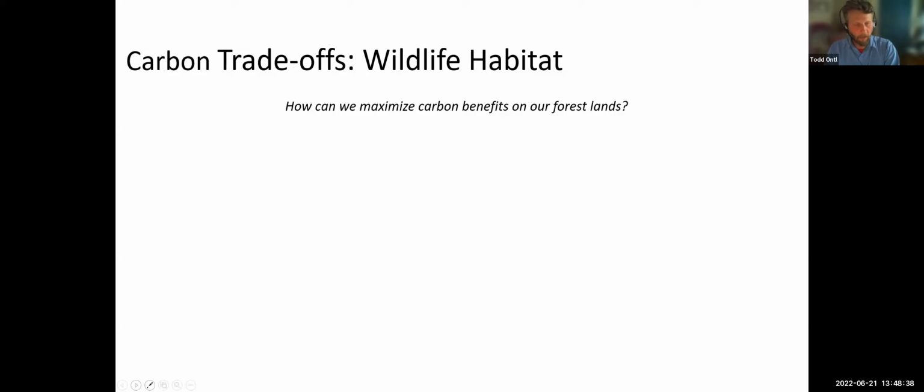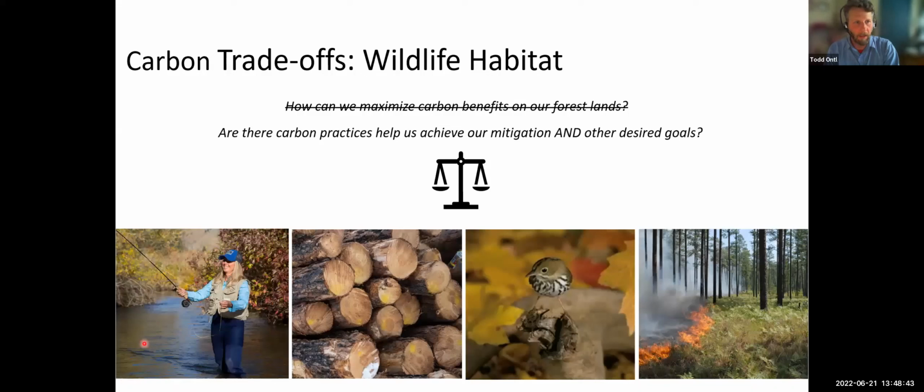When I hear this question, I try to redirect and say, there's a lot of values that we have to be thinking about when we're managing our forests, particularly on our public lands. Carbon is not the only thing.